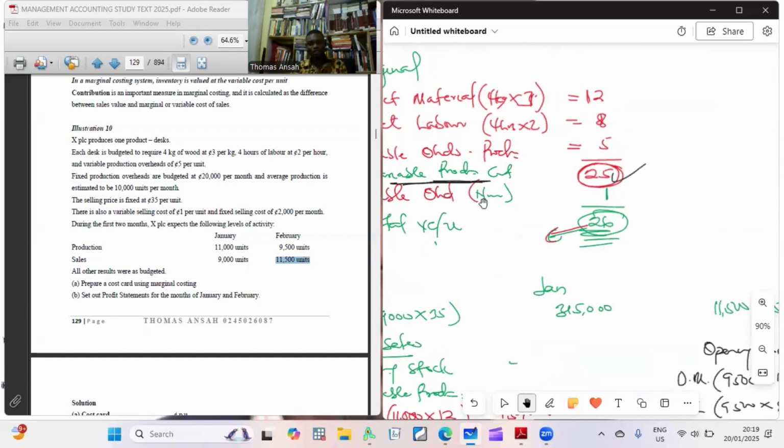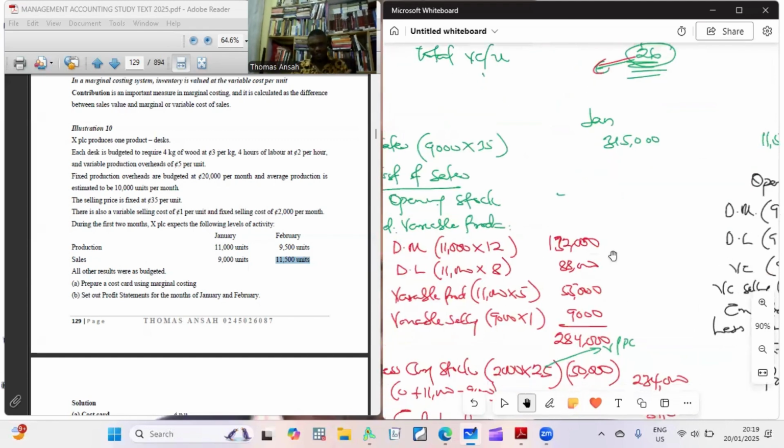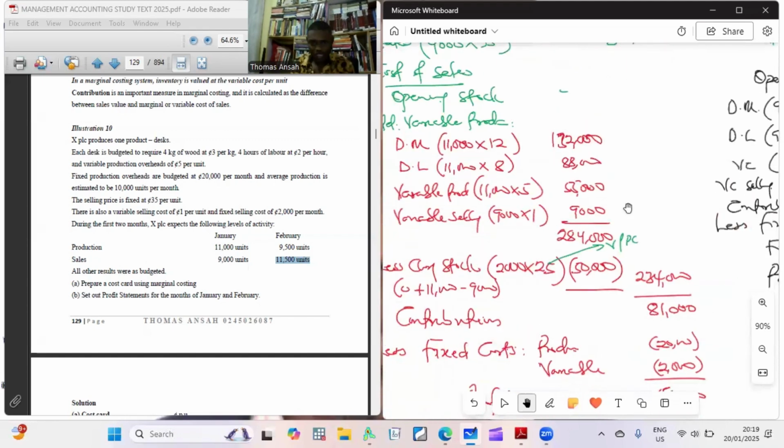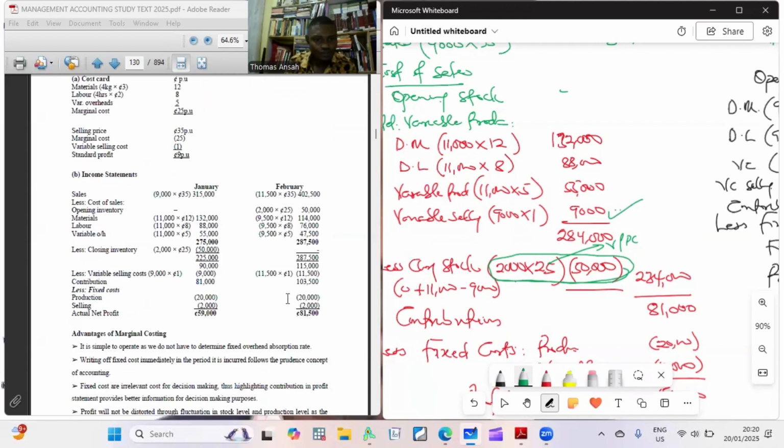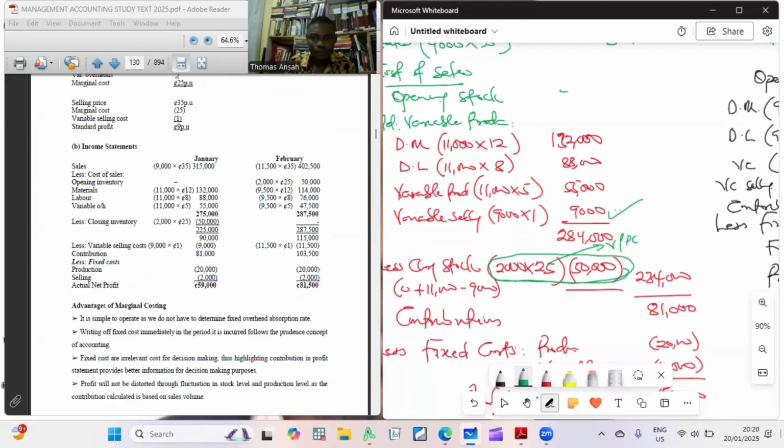You don't bring the selling, because that is a stock issue, not a selling issue. So you have to be careful about this side, and the fact that you need to also bring this side into the contribution determination over there. All right, so that is that.